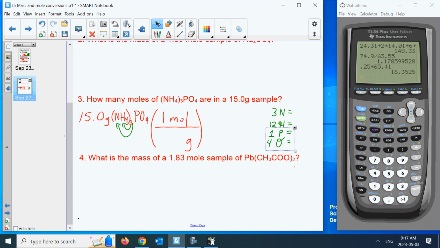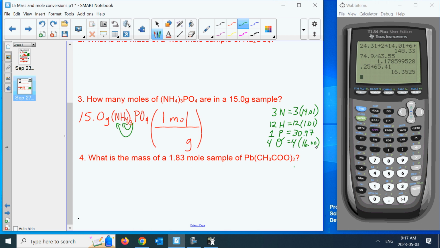Now, this is what I'm entering on my calculator. So I'm going to go 3 times 14.01, 12 times 1.01 for hydrogen, 1 times, I don't even need the bracket there, the molar mass of phosphorus is 30.97, and 4 times 16.